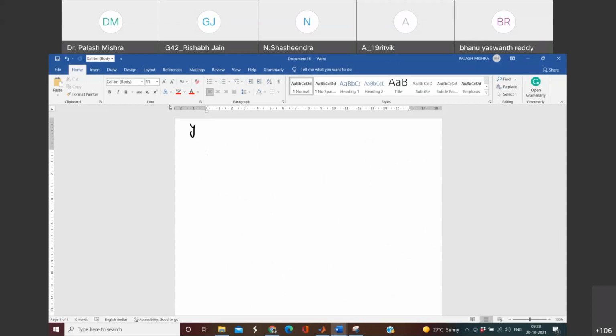So y(t) has come out to be a constant times e to the power of minus at, plus e to the power of minus at times the integral of x(t) e to the power of at dt. This is the solution for that equation.